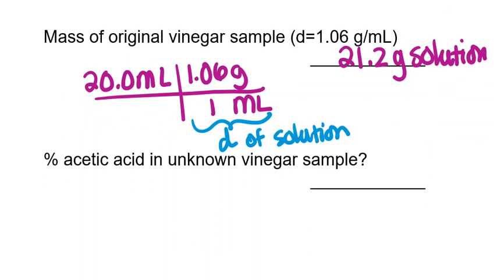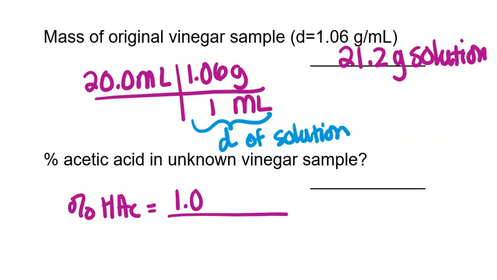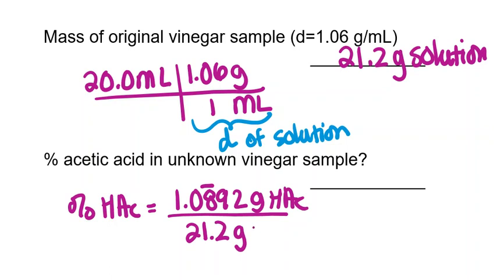Okay, and then to get the percent acetic acid in that, I'm going to do the mass of the acetic acid, this is my more digits I had from above, divided by the total mass of the solution times 100.